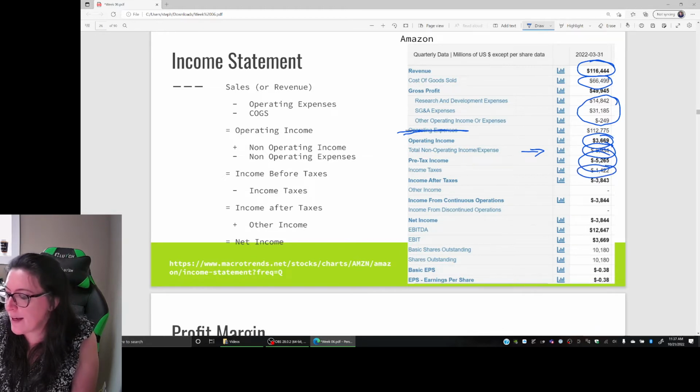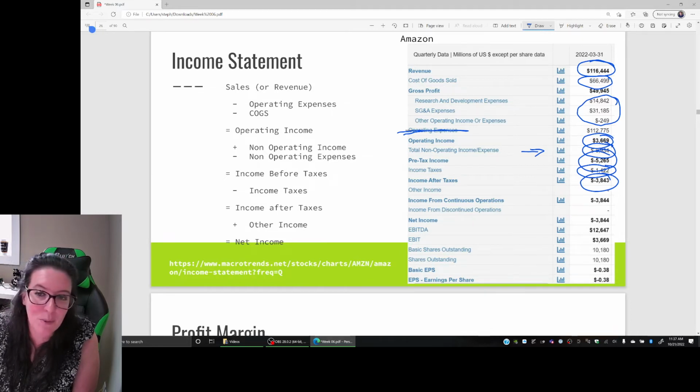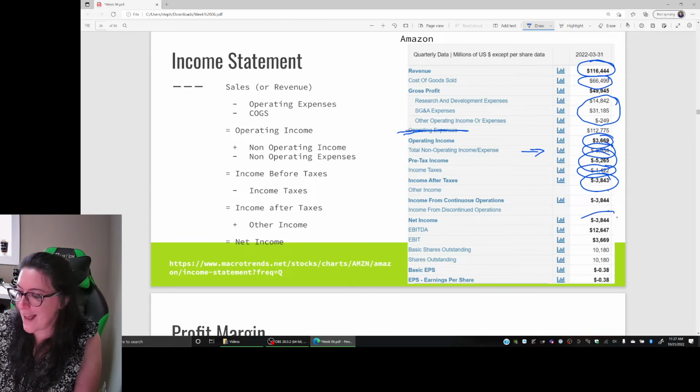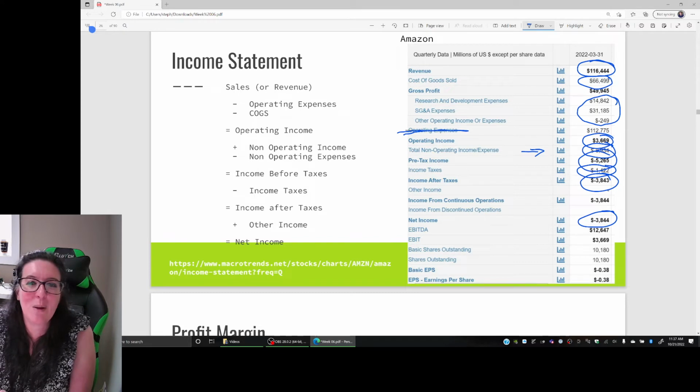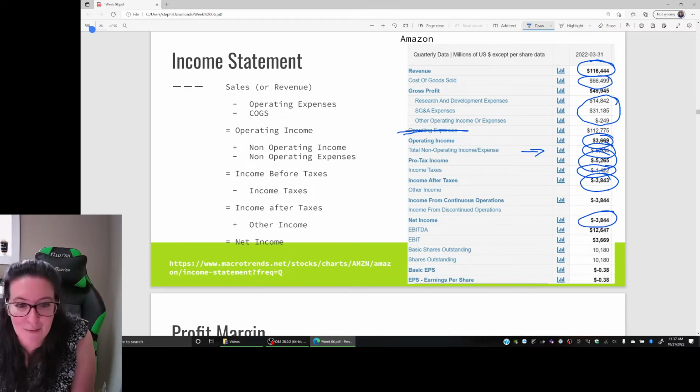They pay their income tax. Their income after tax is a negative $3.8 billion. So their net income is negative. And if we're looking at that in terms of the other way to report an income statement, that means their net profit after taxes is negative $3.8 billion.